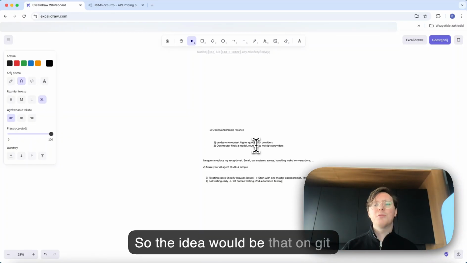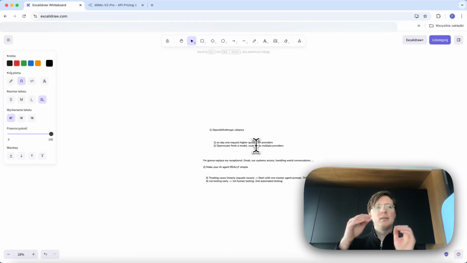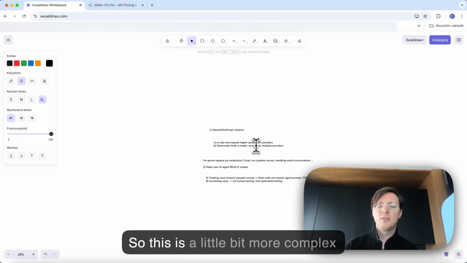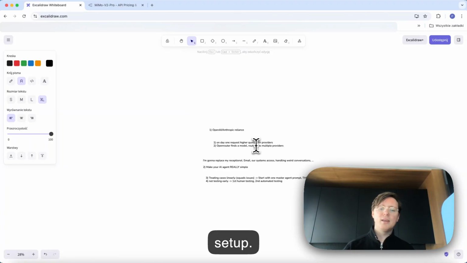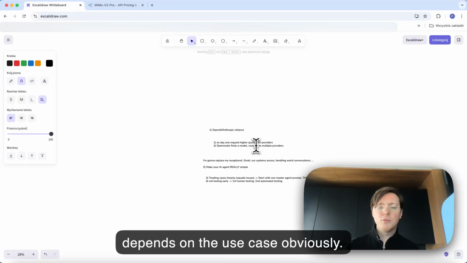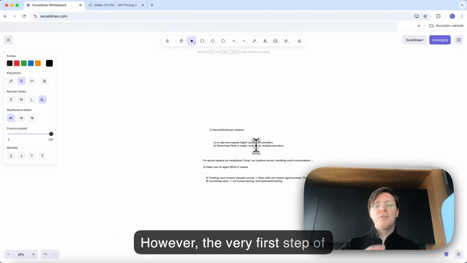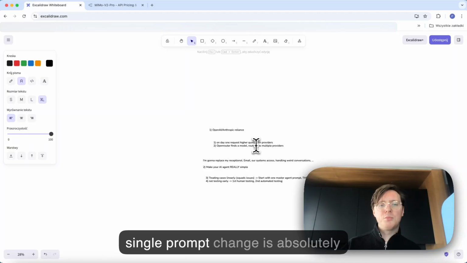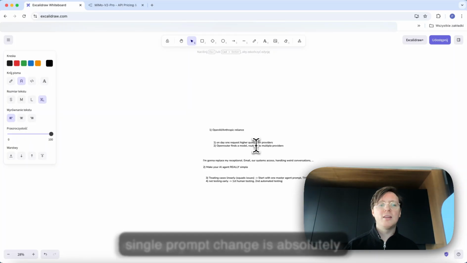So the idea would be that on Git commit, I'd be able to test regressions easily. This is a little bit more complex setup. You might not have to do it, but it depends on the use case, obviously. However, the very first step of human testing and testing at every single prompt change is absolutely necessary.